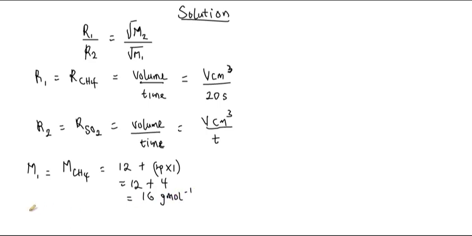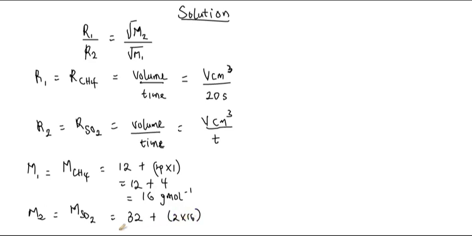For M2, the relative molecular mass of the second gas, which is sulphur oxide, we have M SO2. That will be equal to the atomic mass of sulphur, which is 32, plus oxygen, which is 16, and we have 2 atoms present, so 2 times 16.